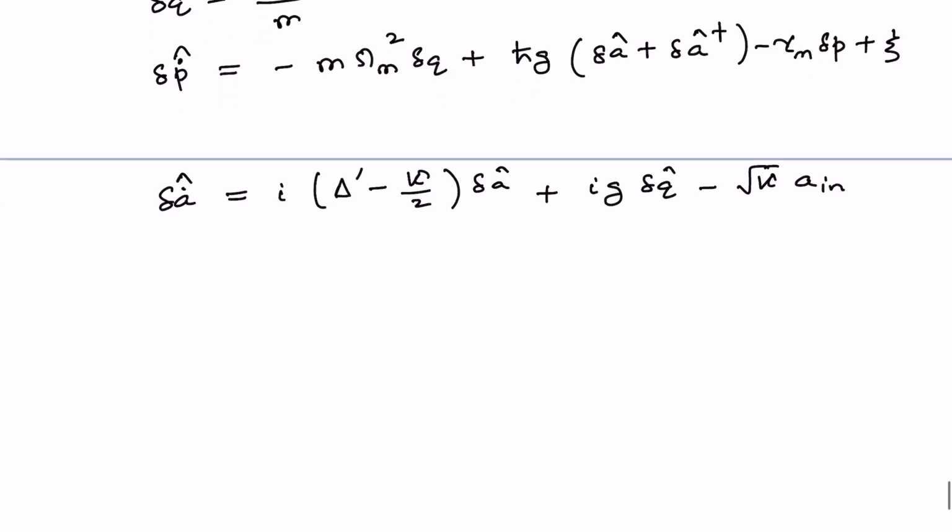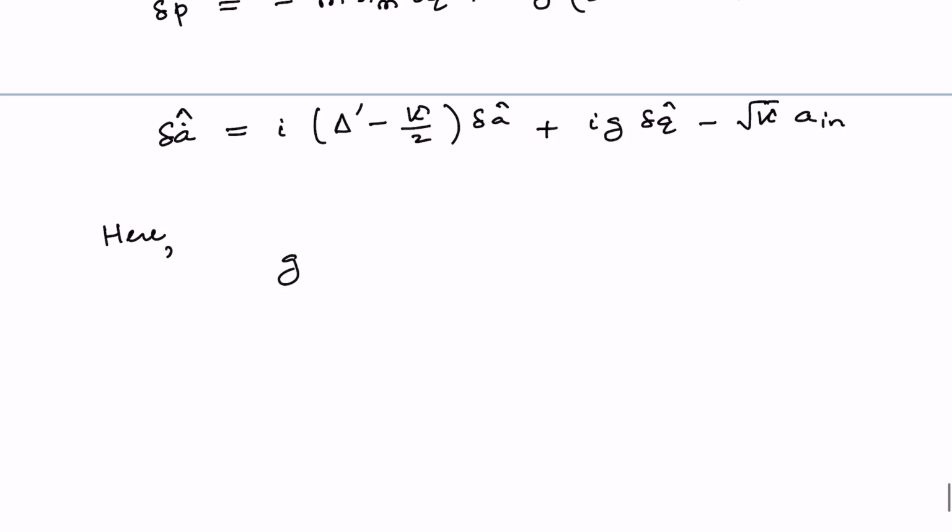Now here, what I have done, let me write it a little bit more clearly. Here I am defining new parameters. One parameter is g = z0 ᾱ, and for obvious reason, this is called the linearized optomechanical coupling.